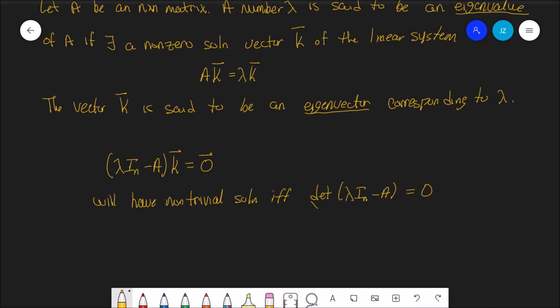We call this the characteristic equation of A. The eigenvalues then are simply the roots of the characteristic equation.